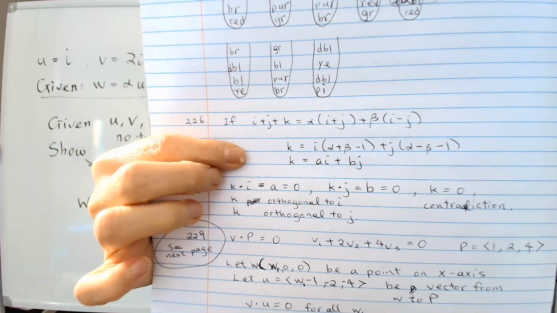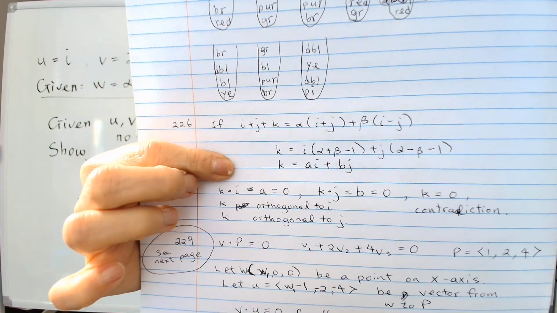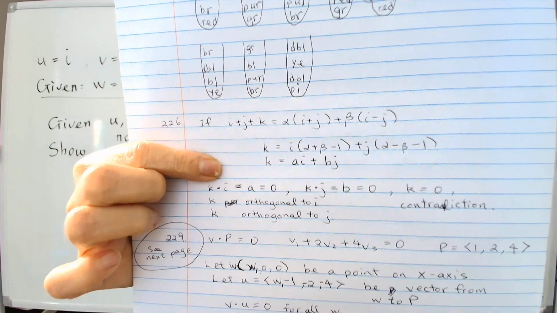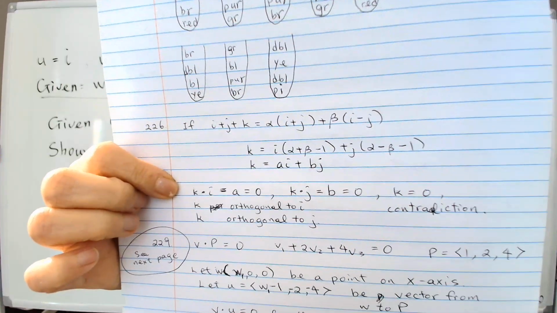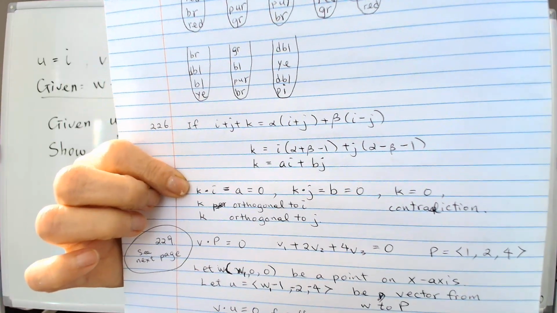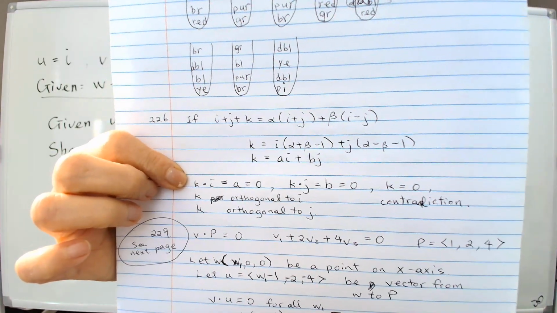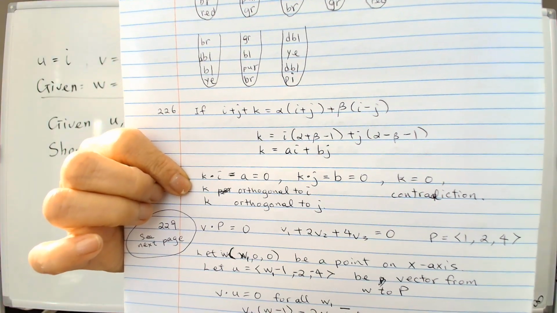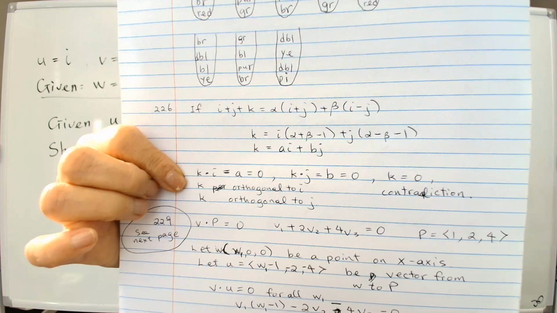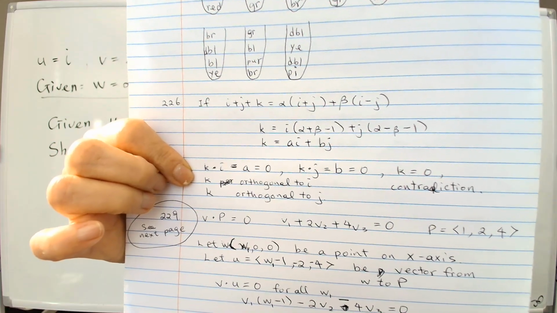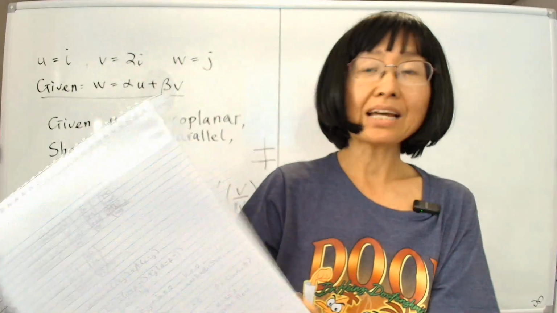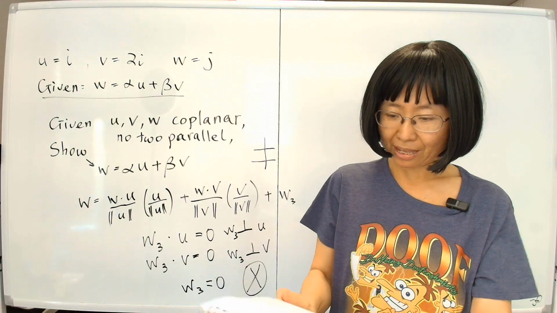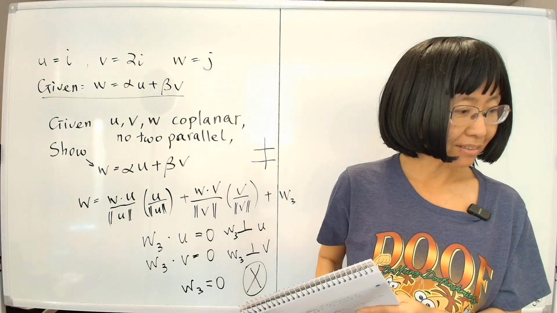Then very quickly you can figure out that k is some direct representation of i and j, but k dot i is 0, and that's given in the chapter somewhere. And as a result, k dot j is also 0. So then you get k equal to 0. Okay, and that's a quick answer.